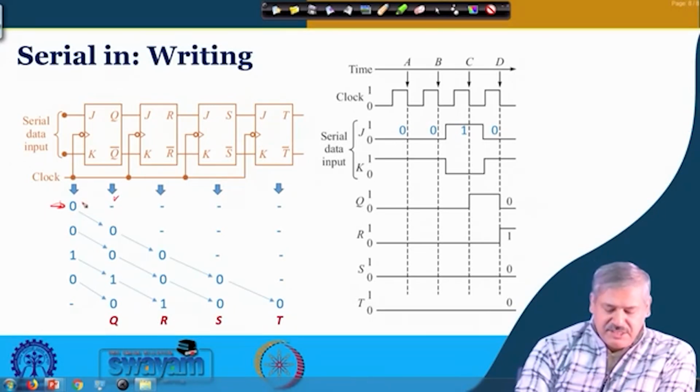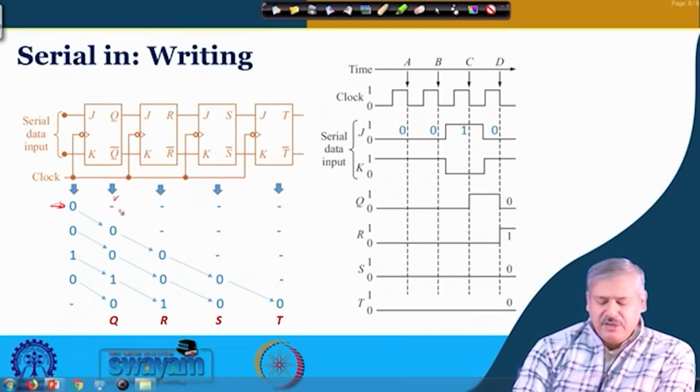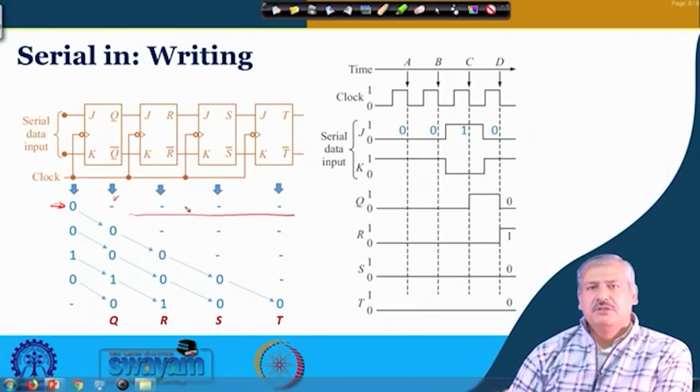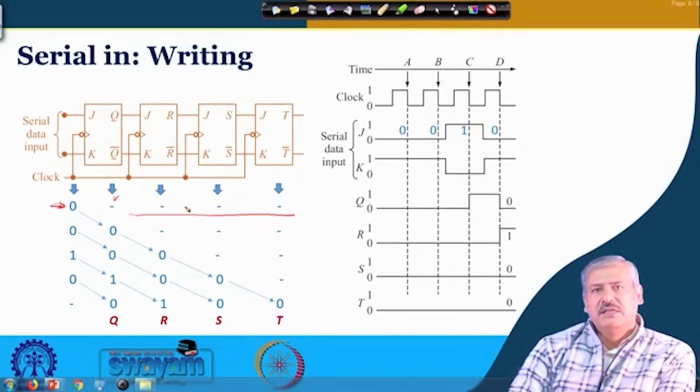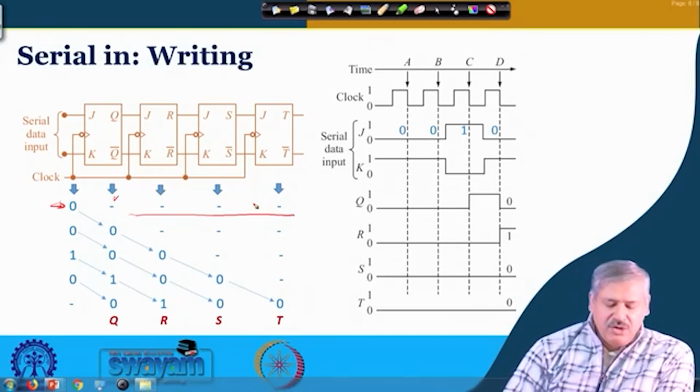So, Q acquires this value 0, that is how the arrow has been shown. There could be some value present earlier in these flip flops, but you do not need to bother about that, because we are talking about writing 4-bit data into this 4-bit shift register through serial input. Otherwise, it could be 0 or 1 depending on whatever is there. When you complete the writing operation, that earlier data is lost, of course.